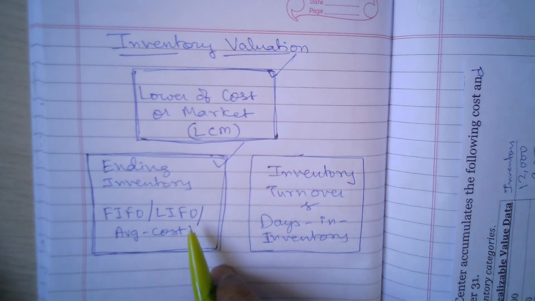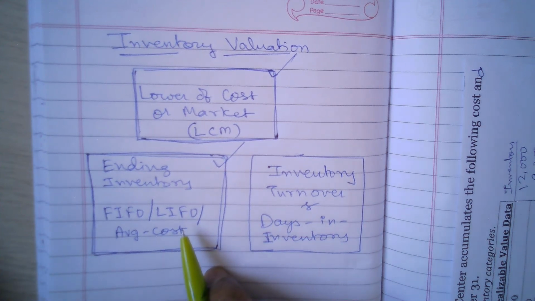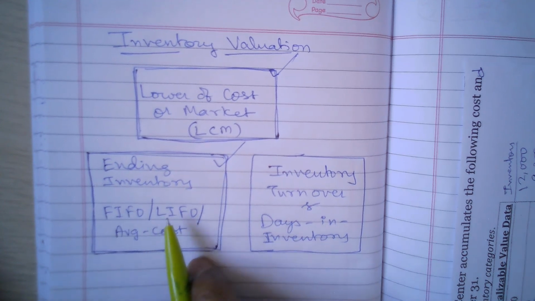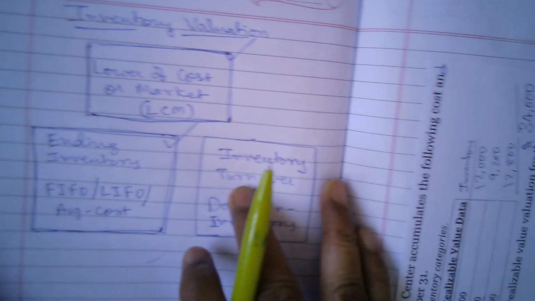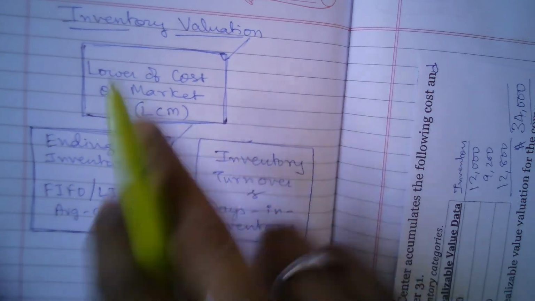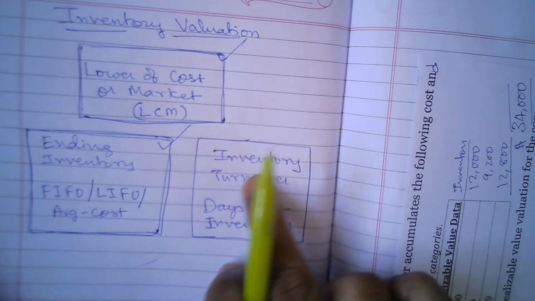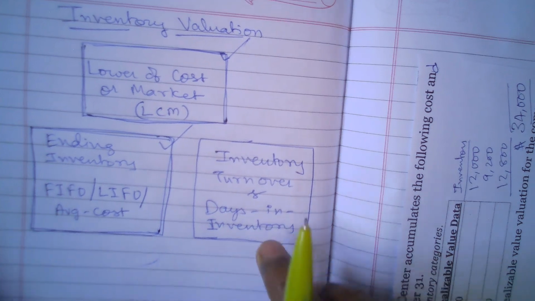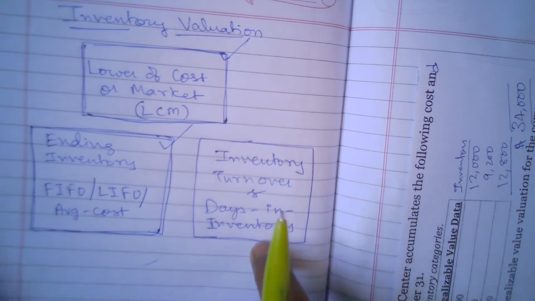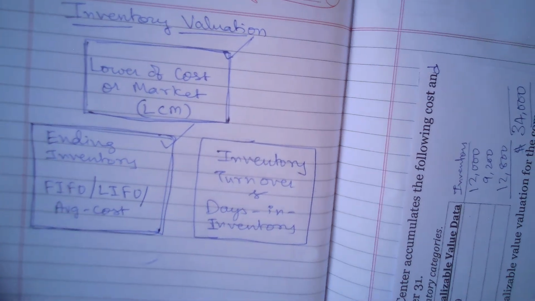Again, go through any practice problems, any textbook practice exercise, and try to apply these methods and find the ending inventory and cost of goods sold. Now let us finally go to the last concept in inventory valuation, that is inventory turnover and days in inventory. Again, we will take up 1 or 2 problems and see how to do it.